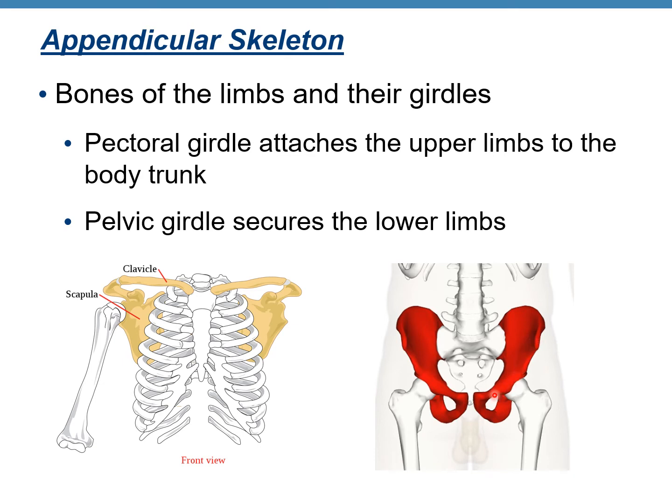Now, the pelvic girdle is not the same as the pelvis, because the pelvis is not part of only the appendicular or axial skeleton. The pelvis is both, right? Because the pelvis includes hip bones and it also includes the sacrum. The sacrum is part of the axial skeleton, and the hip bones are part of the appendicular skeleton, right?